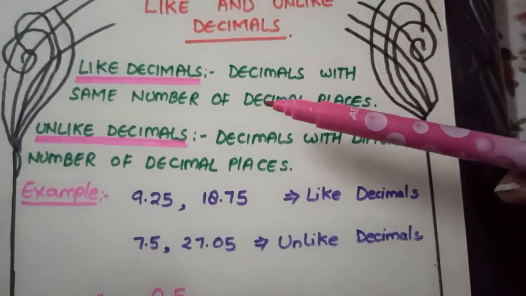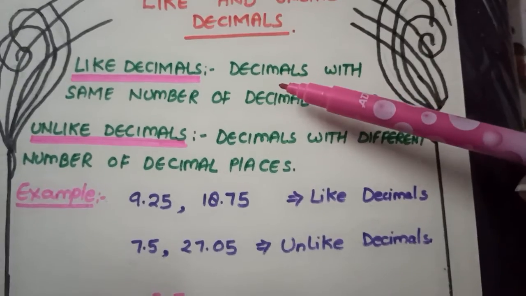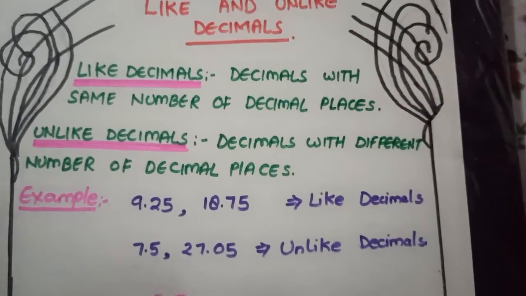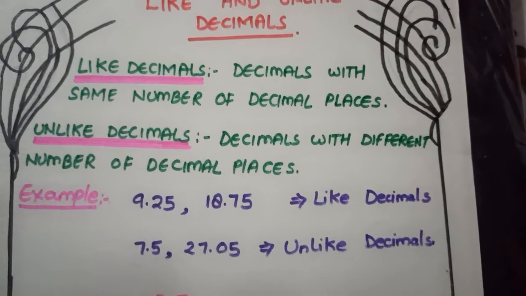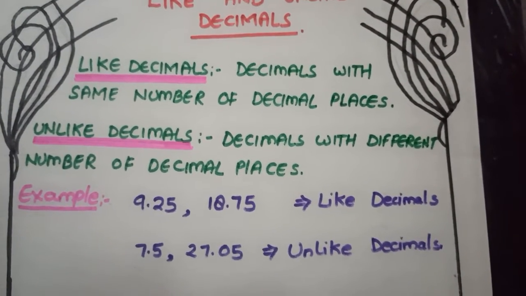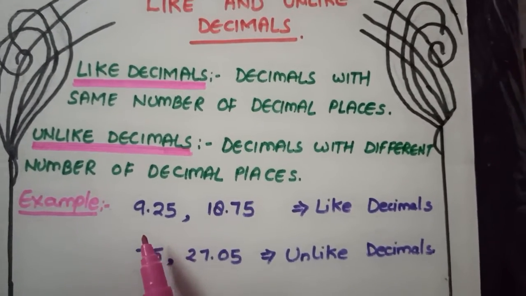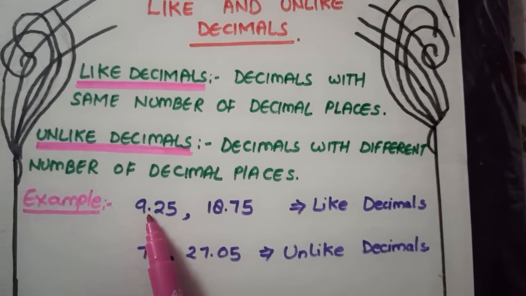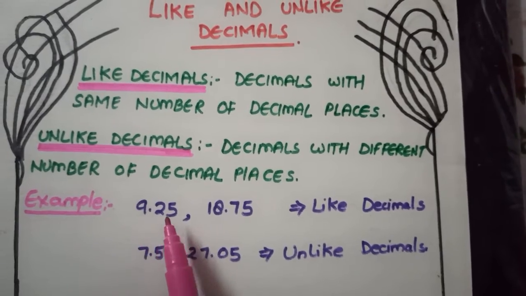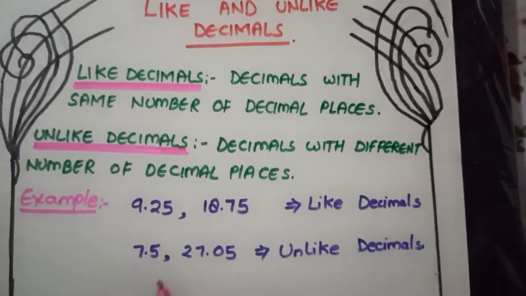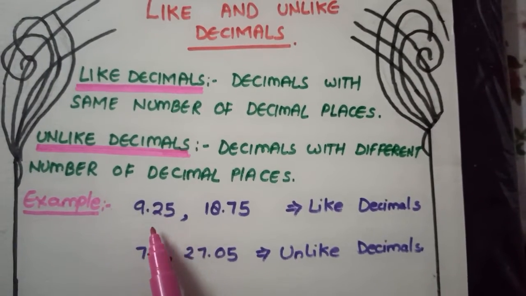So the like decimal means the decimals with same number of decimal places. We can see over here, we have 9.25 and 18.25. So how many decimal places are there over here?